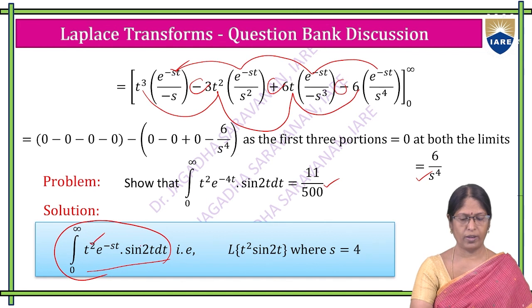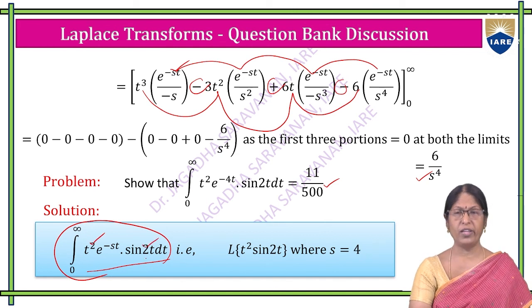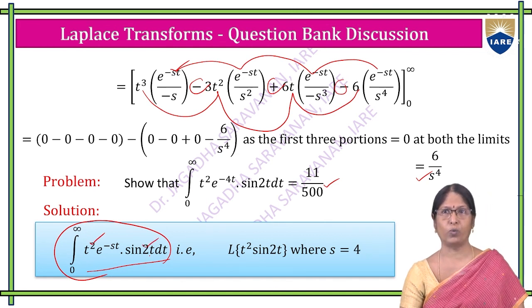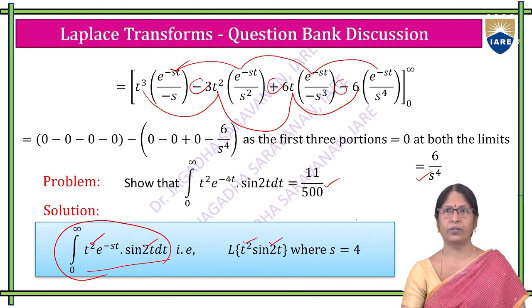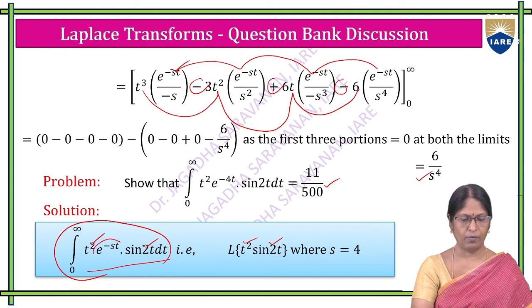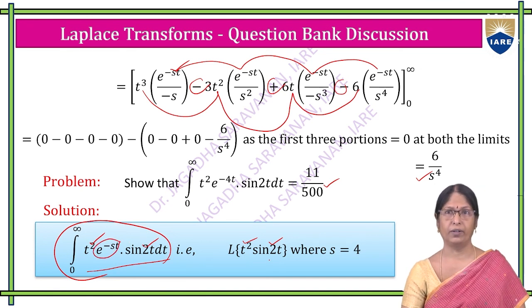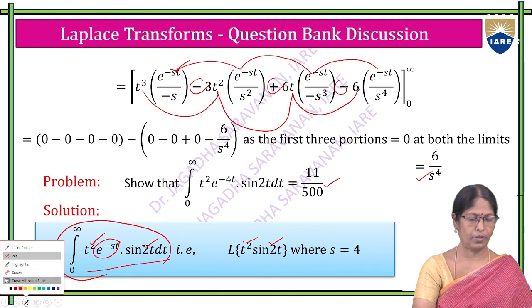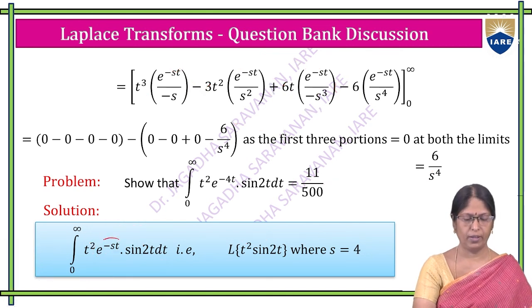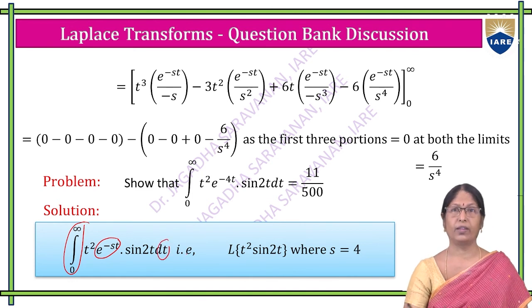That is t square sine 2t. There are three terms in this particular question, and we have taken only two terms. This term, which is not there at all here, what I am circling is one integral and this dt.